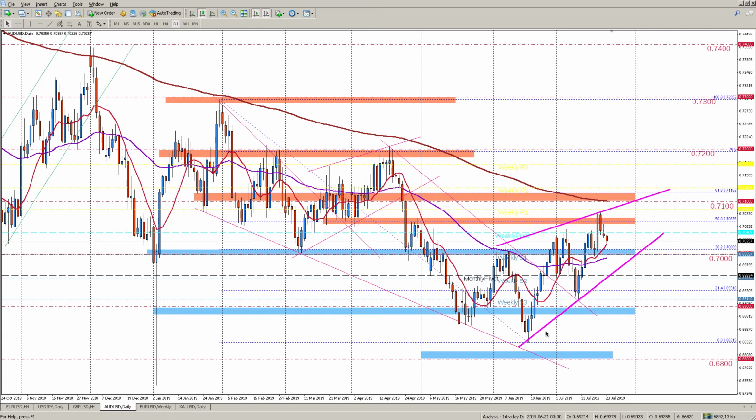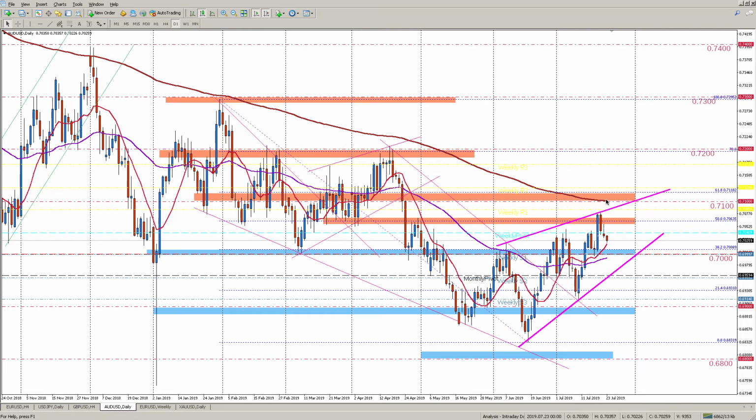I've drawn an ascending wedge where it could be trading within, and we'll see whether it pulls back into this support zone down at the 0.700 level, and if it does bounce back up, there is quite a big resistance zone at the 0.71 level, along with a weekly R1 pivot level as well.